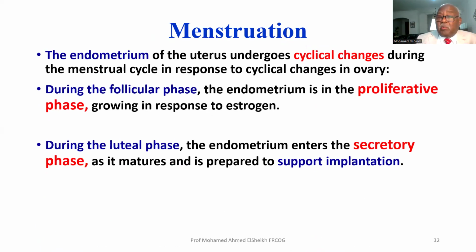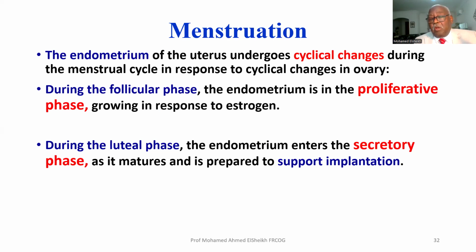So the endometrium of the uterus undergoes cyclical changes during the menstrual cycle. These cyclical changes are a response to the cyclical changes in the ovary. During the follicular phase, the endometrium in the proliferative phase will be growing in response to estrogen.